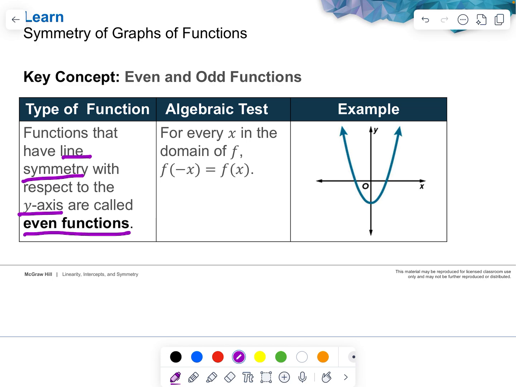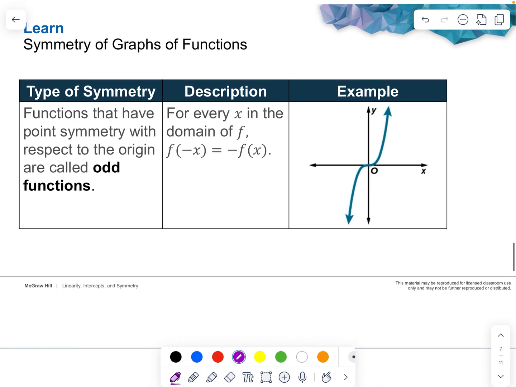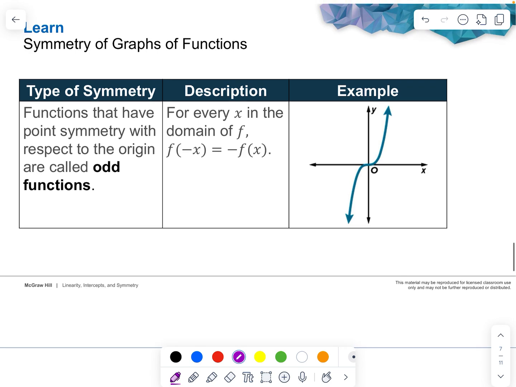We can plug in a negative x for that. Functions that have point symmetry with respect to the origin are called odd functions. And so in this case, if I plug in a negative x, I should get the negative function. If I don't have a graph, that's the algebraic way to do it. And that's what we're going to look at.